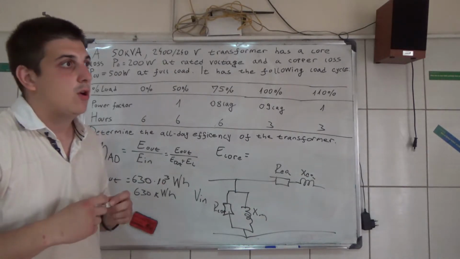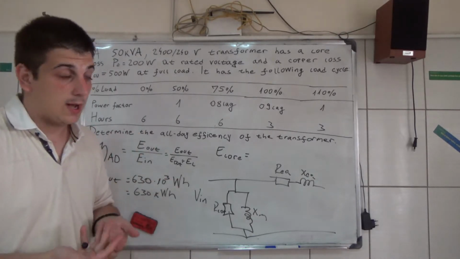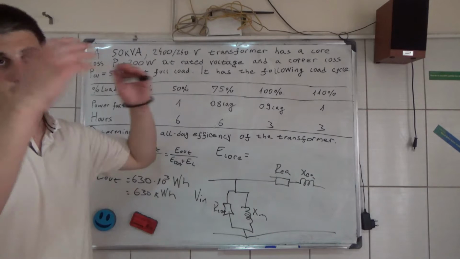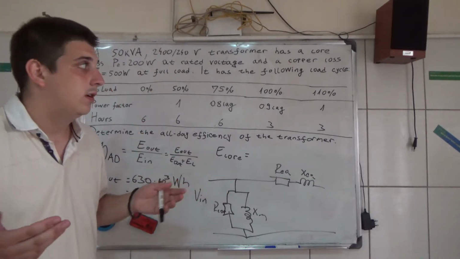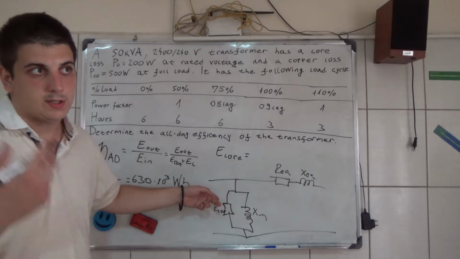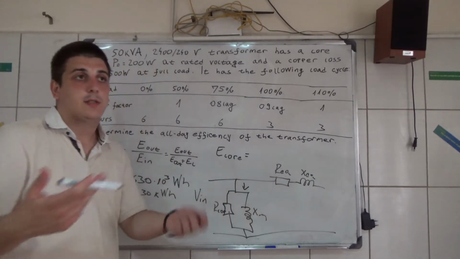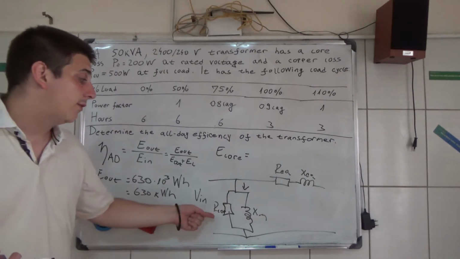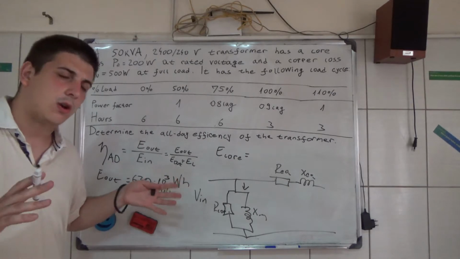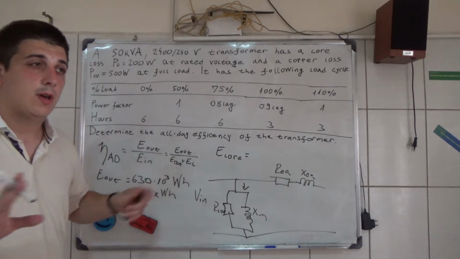So no matter what, if you have, I don't know, a million percent of the load current, you will always have the same magnetizing current that magnetizes the transformer. So the power losses in the core depend on the input voltage squared.